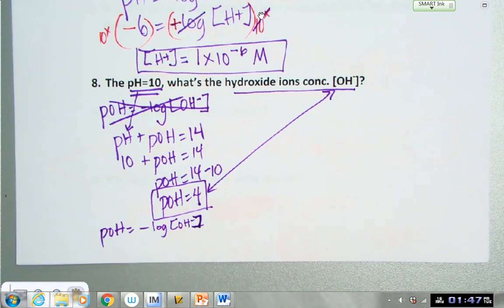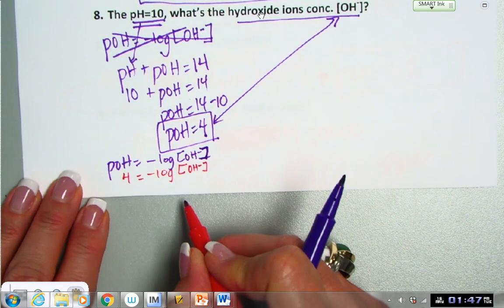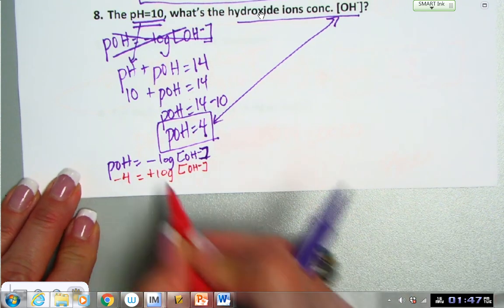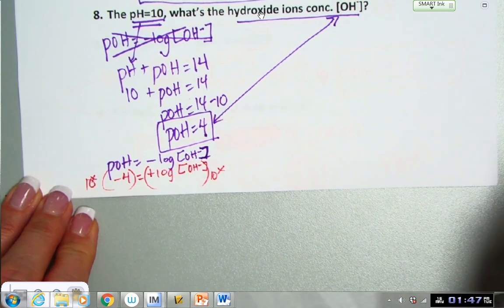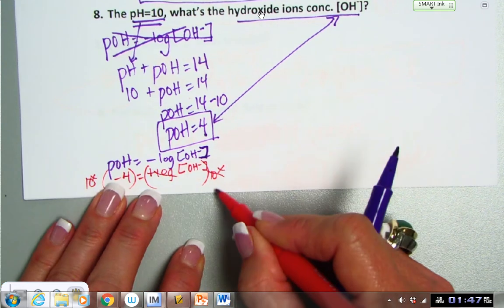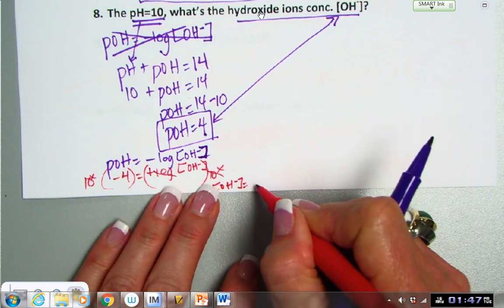So I'm going to say 4 equals negative log of X. And so once you do that, you're going to remember to divide both sides by -1. That makes that negative and this positive. And then you're going to take the antilog again. And that's going to give you OH is equal to 1 times 10 to the -4 molar.